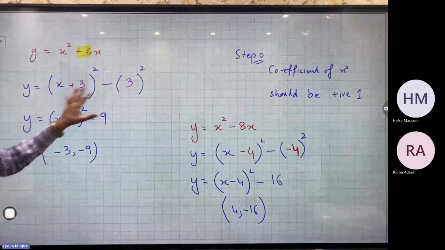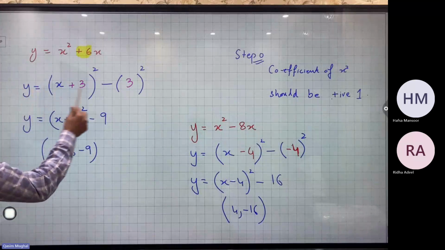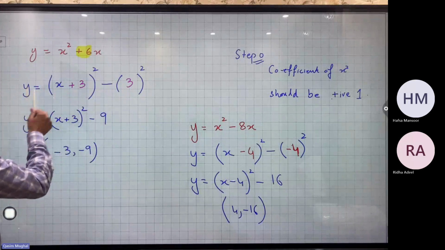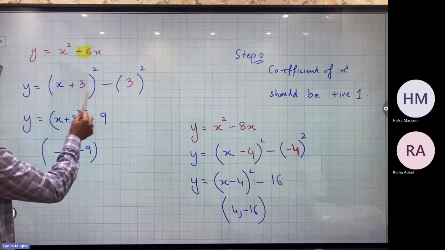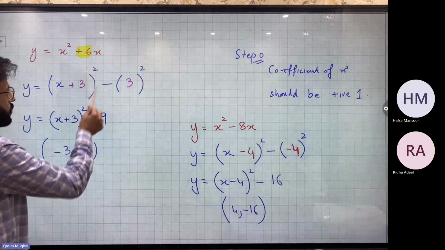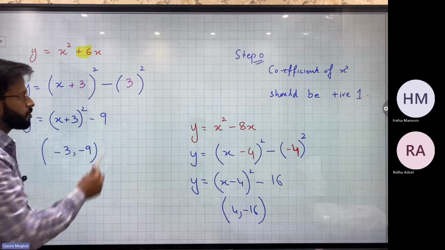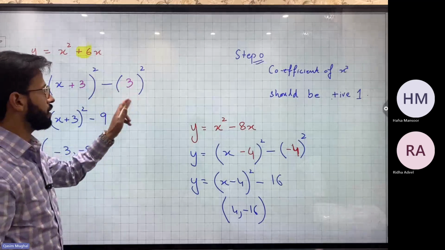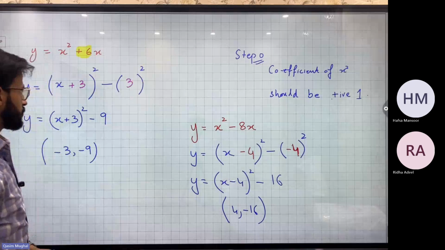So the ones written in blue over here, we do that all the time. If I just read out the blue part, y equals bracket open, x, and then there was a blank space for a sign and then a number. And then we close the bracket and then the whole square. This minus sign comes all the time, and then this blank space inside the bracket and then the whole square of it.